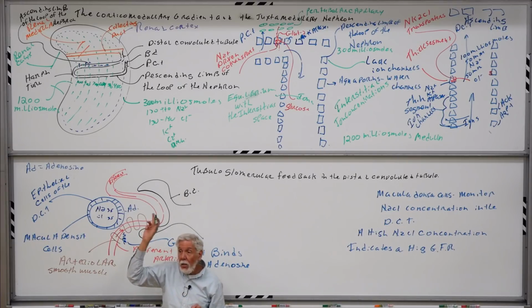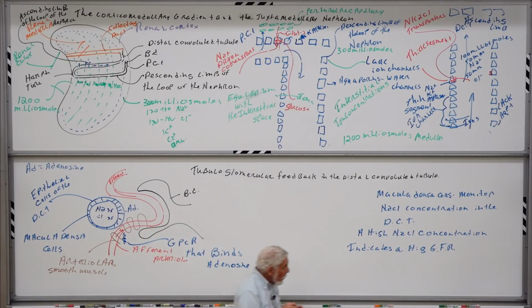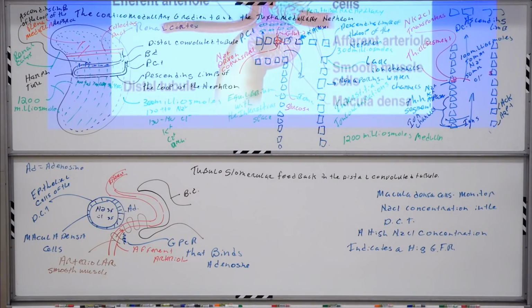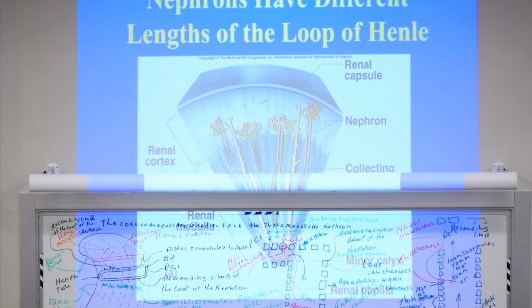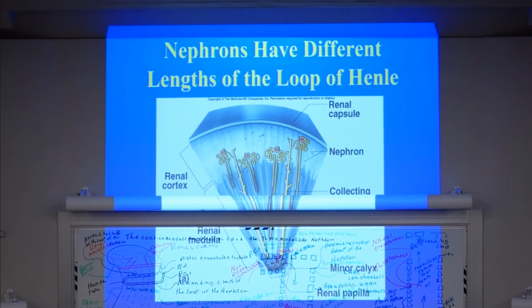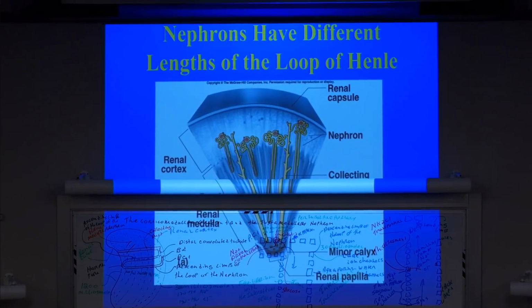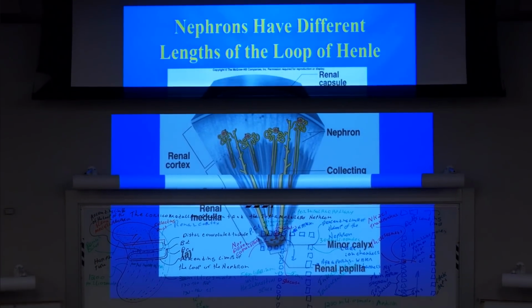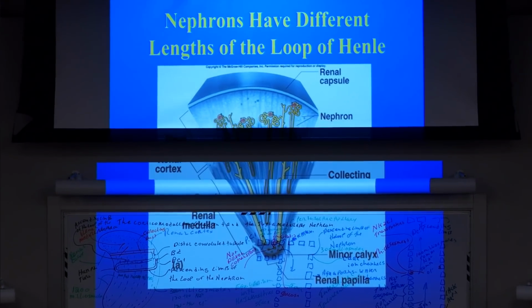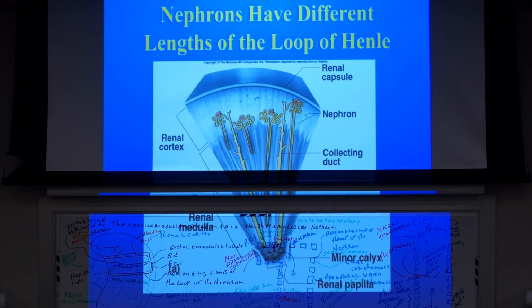The last couple minutes. So any questions there? If not, let me show you a couple slides. Finish this with a couple of slides. So this first slide is one that I'm not that fond of, but I'll show it anyway. What it's trying to show is the position of the cortex relative to the medulla, and it shows different kinds of nephrons.